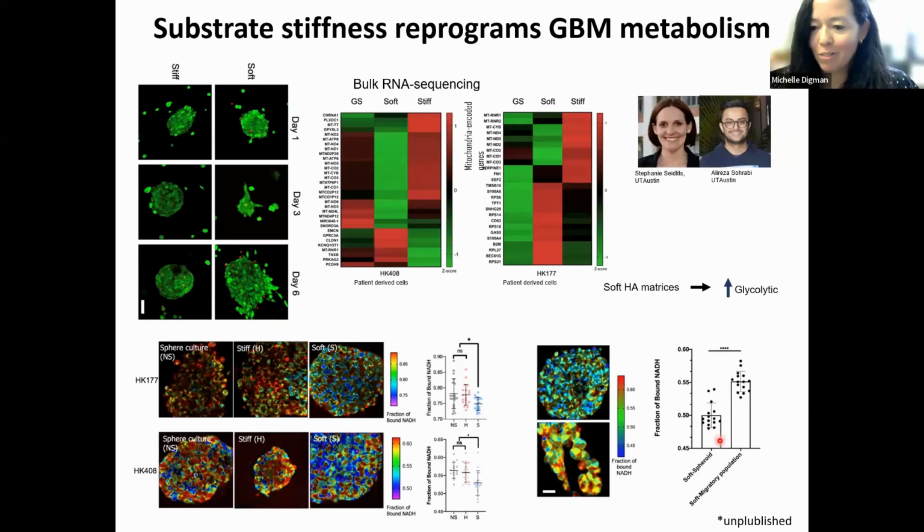But then my student was very sharp, and he said, wait a second, there are different populations of cells here in the tumor spheroids. Why don't we zoom into these very aggressive cells that are migrating out of the tumor?